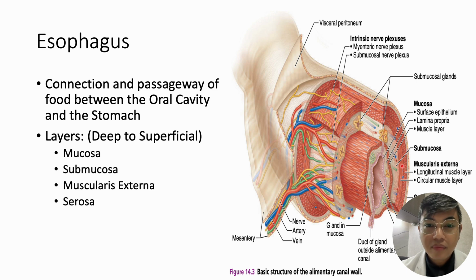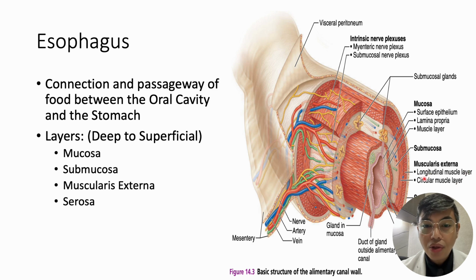Now, ano pa yung mga important structures that you need to know? As you can see here, you have your muscularis externa, the muscle layer, kaya yan gumagalaw, nagpropel ng food through this mechanism called peristalsis, because it is composed of two muscle layers.